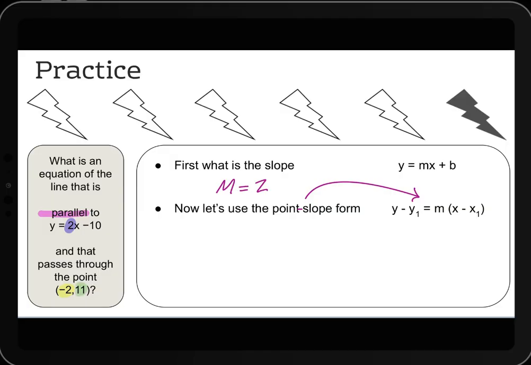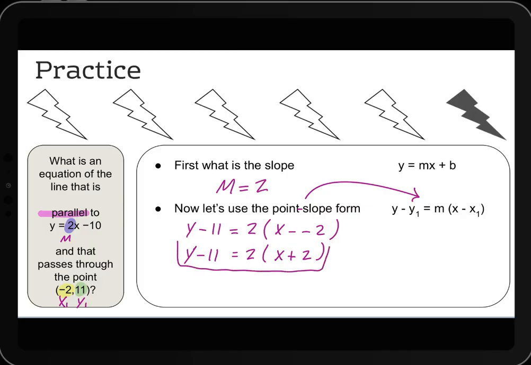So this will be my x1 and this will be my y1 that I plug into my formula, and then my m is going to be 2. So I have y minus 11 equal to 2 times x minus negative 2. So in that particular case, I have y minus 11 equal to 2 times x plus 2, and that is now the point slope form.